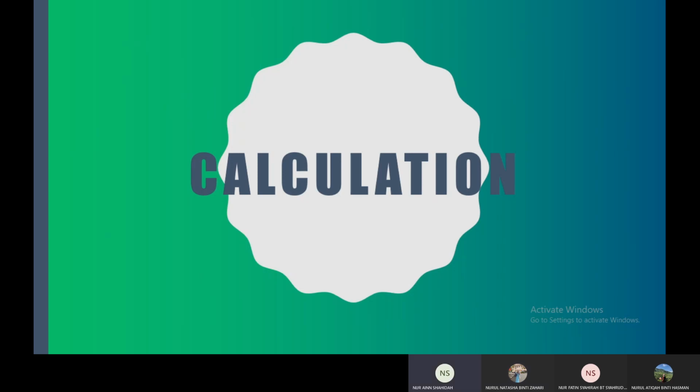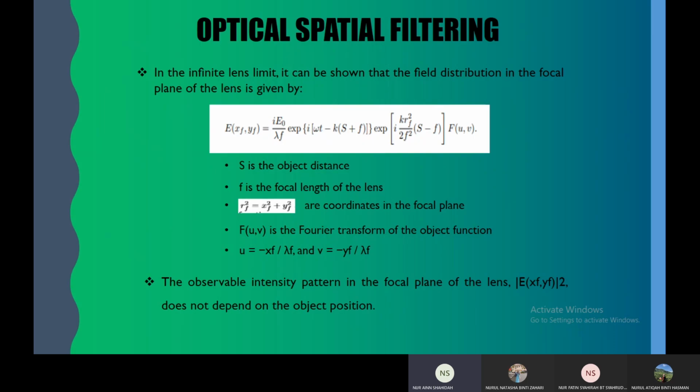Okay, next is the calculation of Fourier optics. Firstly, the optical spatial filtering calculation. In the infinite lens limit, it can be shown that the field distribution in the focal plane of the lens is given like in the formula. s is the object distance, f is the focal length of the lens, and r² = x² + y² is the coordinates in the focal plane.